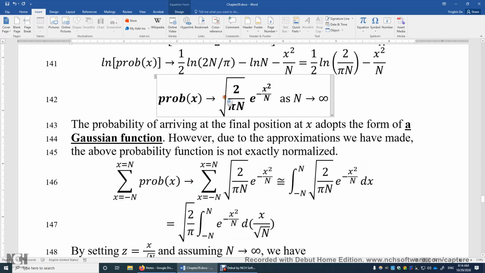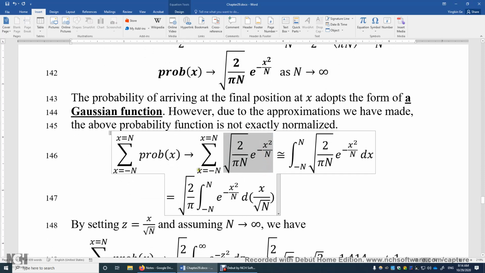However, this formula is not normalized. It's not exactly normalized because if you try to sum up all those expressions, because x can be from negative n to positive n, if you sum it up, and you can make another approximation here.